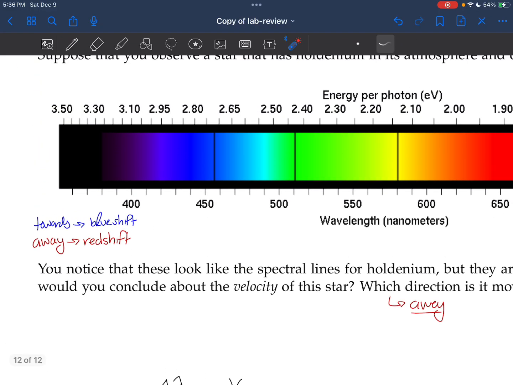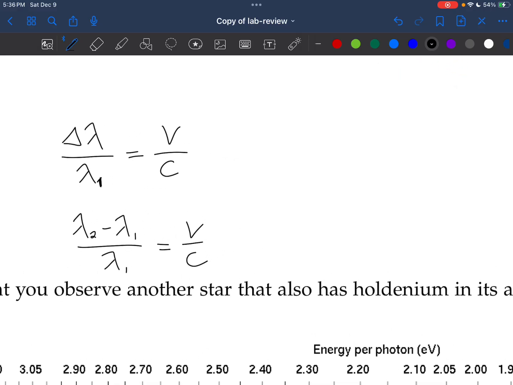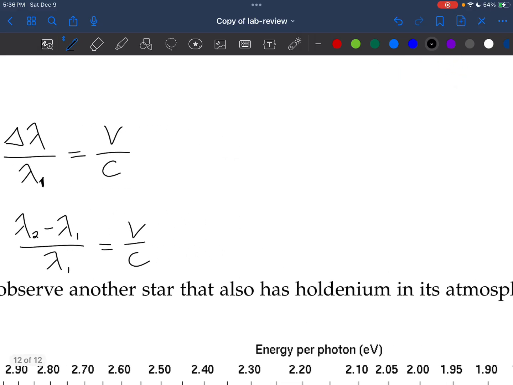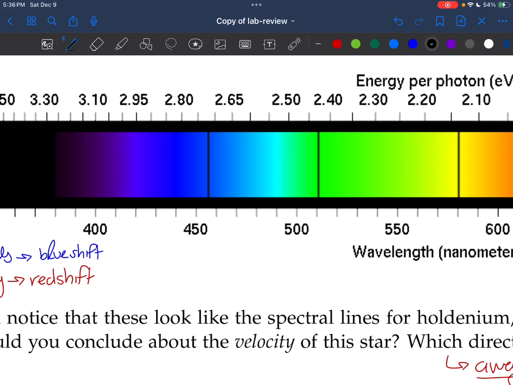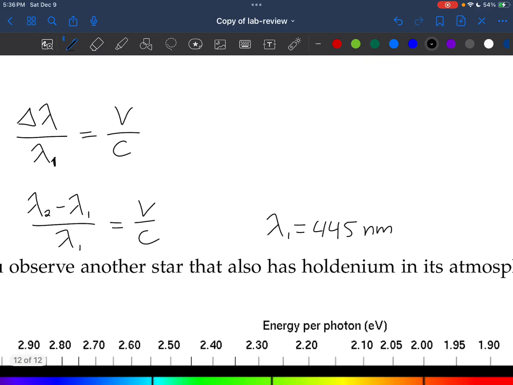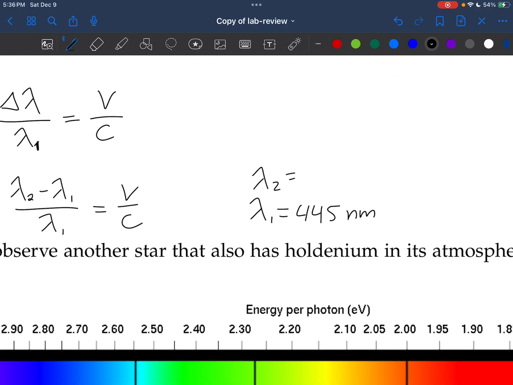So I can look at this and estimate. The 2.8 wavelength is about 445, so lambda 1 is 445 nanometers. My new wavelength that it's shifted to looks to be about 455, so lambda 2 is 455 nanometers.